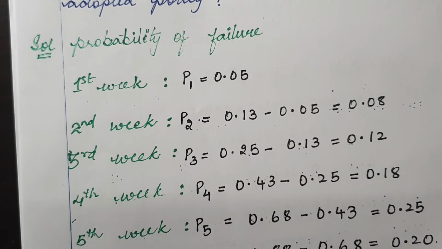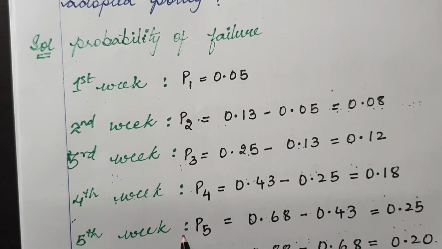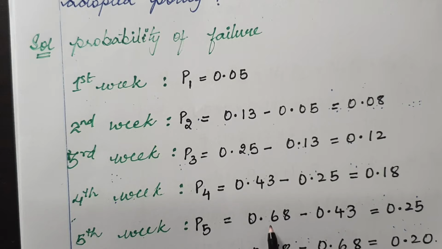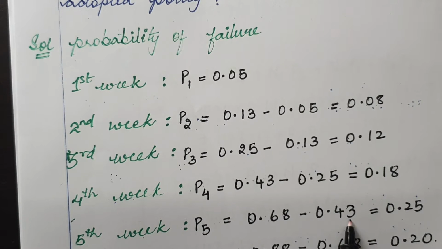After that, if you want to find out the fifth week probability, then 0.68 minus 0.43.